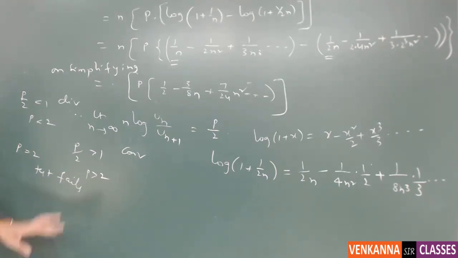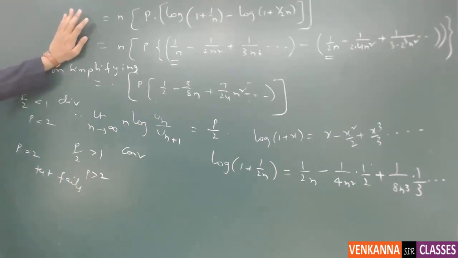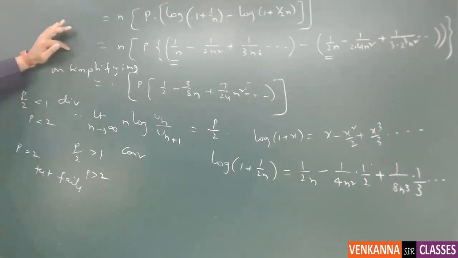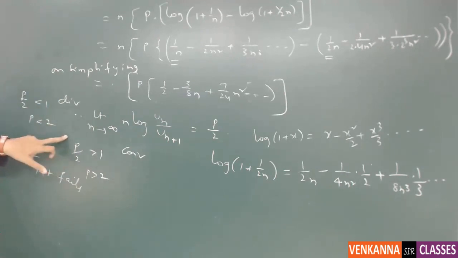Okay. So what you have done earlier, you have applied the ratio test. The test condition fails. Then since the term power p is involved there, I have applied the logarithm test. Logarithm test is also giving only partial conclusion depending upon p, because if p is less than 2, divergent, p is greater than 2, convergent, and p is equal to 2, the test fails.